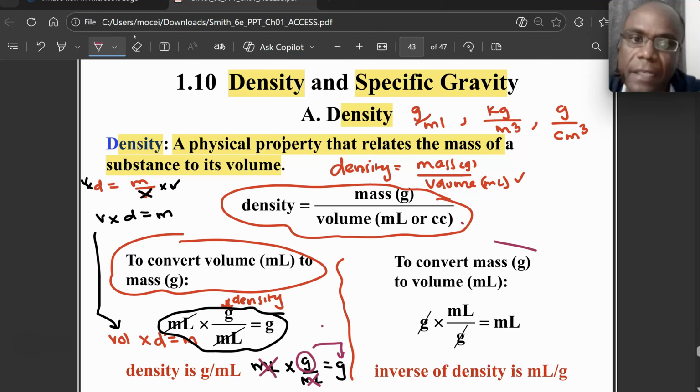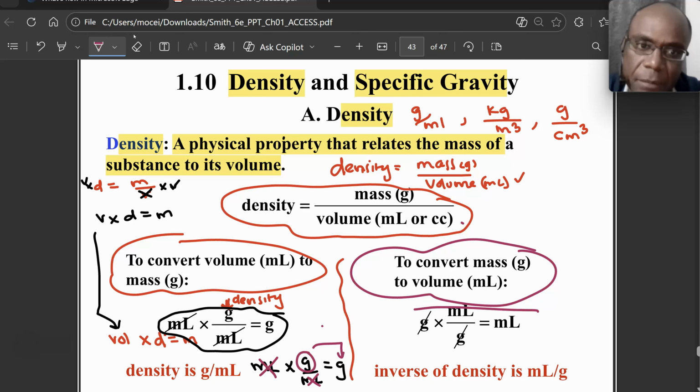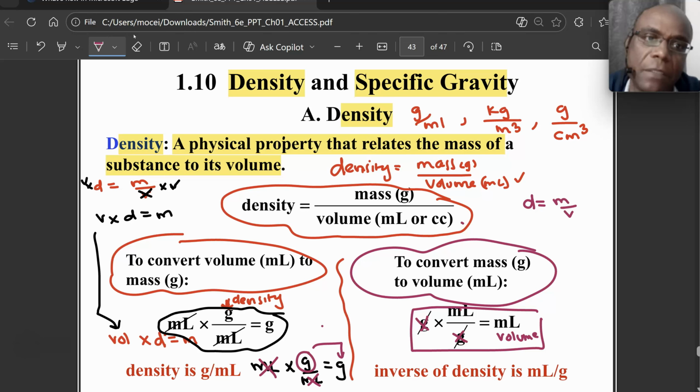In the other case, if you want to convert mass to volume, this is the expression that you use. Grams times ml over grams equals your volume, because grams and grams will cancel. By the way, if you want to see how this came about, if density equals mass over volume, I can say 1 over d equals v over m. Just do the inverse.